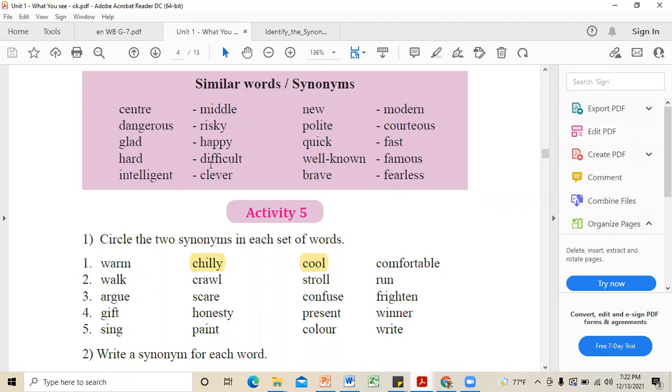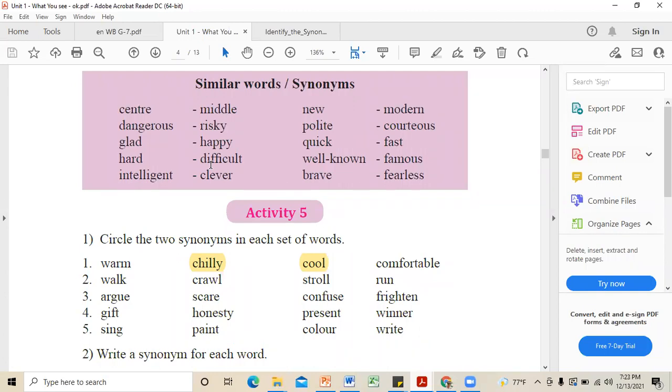Why do we need to know these similar words? Sometimes when we are writing, we cannot repeat the same word in our essays. Maybe I'm writing an essay or a paper article. When we are writing, we cannot use the same word within the paragraph if it is repeating.